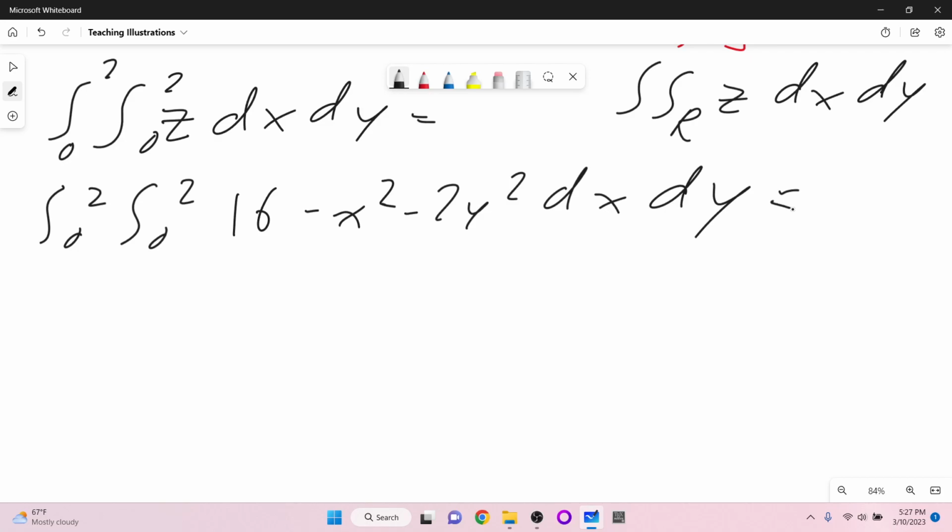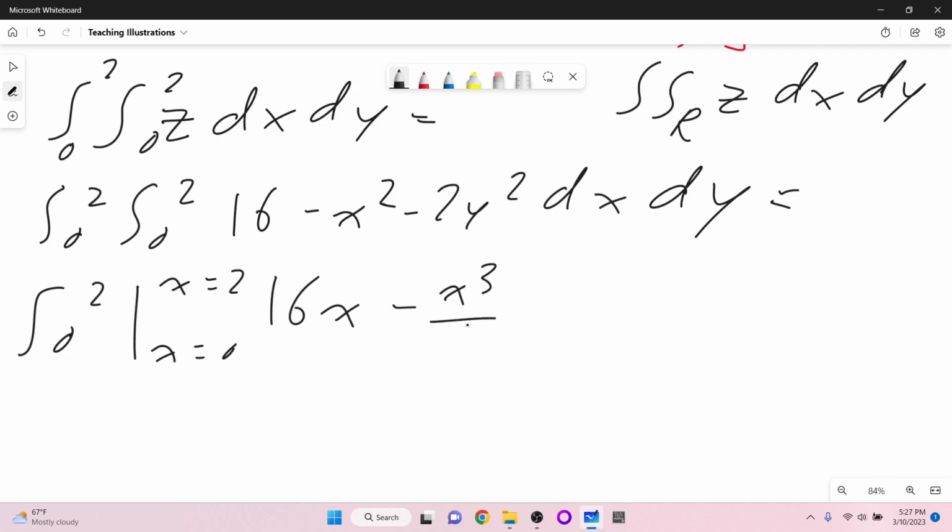So this becomes, let's do the x integral first. We get x from 0 to 2 of 16x minus x cubed over 3 minus 2xy squared.